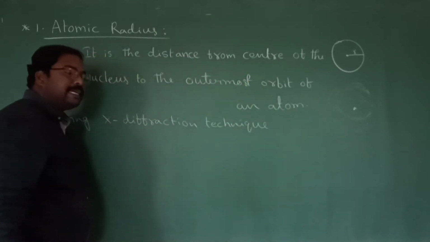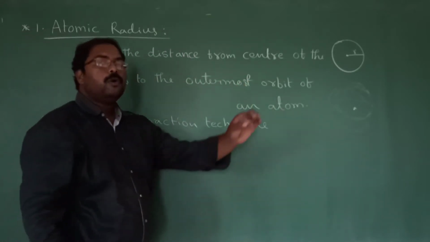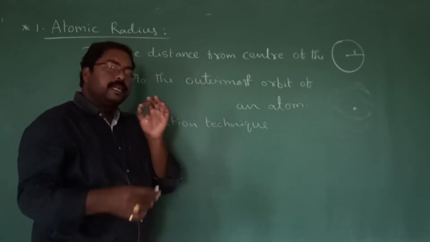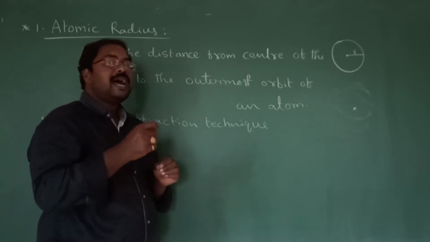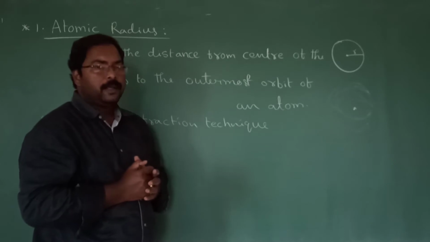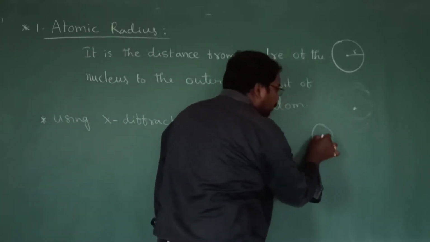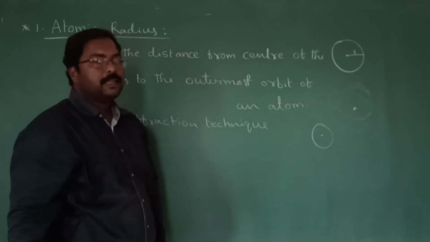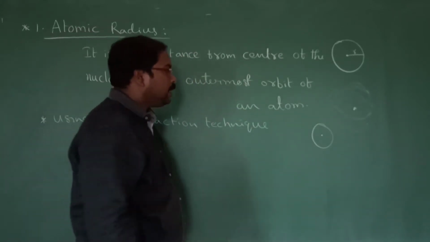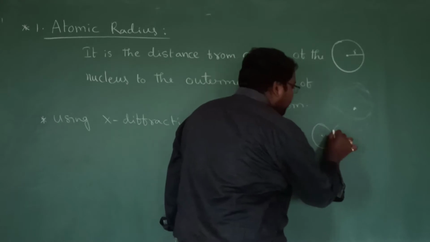Using these X-ray diffraction studies, we can find the distance between two charged species. For a single individual atom, we cannot find the radius. What we can find is the distance between two charged species.